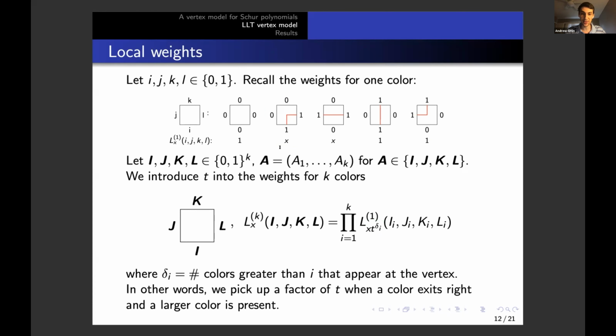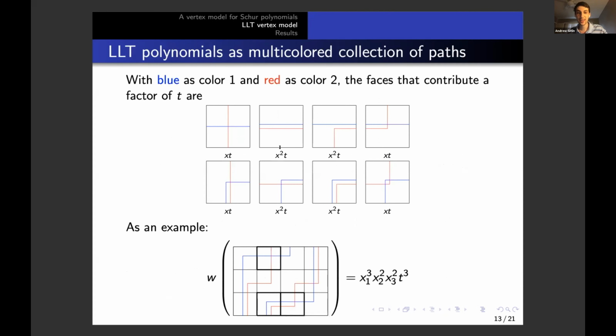So let's see an example of this with two colors. So here, blue is color 1, red is going to be color 2. And just to pick out two of these vertices, this vertex has a weight of xt because blue is exiting to the right and a larger color, red, is present in the vertex. So I pick up an x times t to the first. And then red doesn't go to the right, so it just gives me a 1.